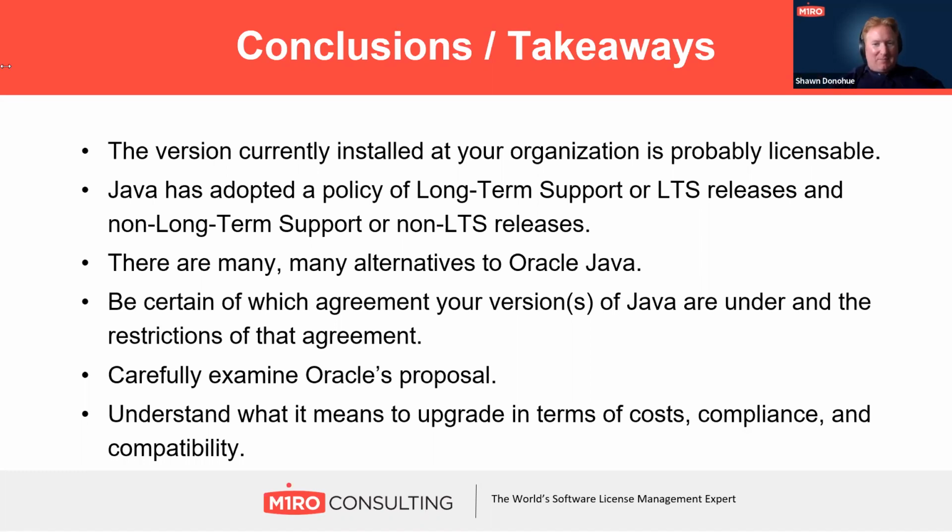Anything after that is paid. So it's not the version specifically, like 8 or 9, that determines whether it's paid or not. It is the update number on that version that determines whether it's paid. And that's only true for 5, 6, 7, 8. Everything after that, whether it's paid or not, depends on whether it's long-term or short-term. And sometimes it varies even then. Again, we'll send you the information afterward so you can refer to that chart as you need it.